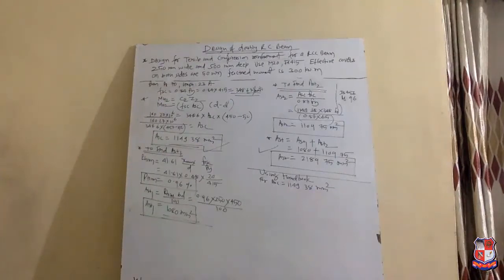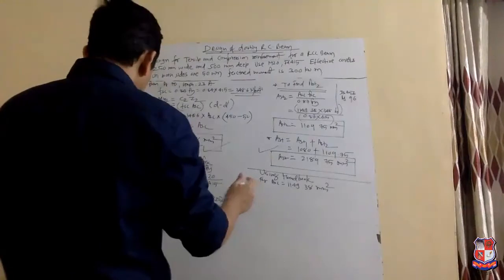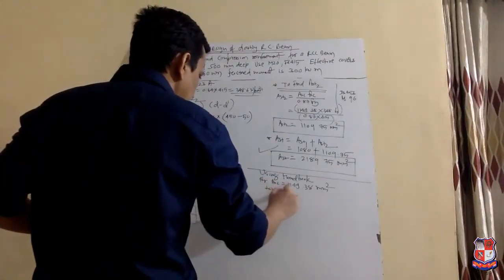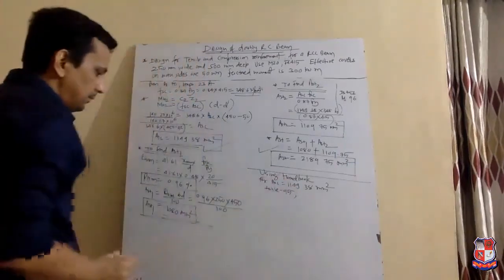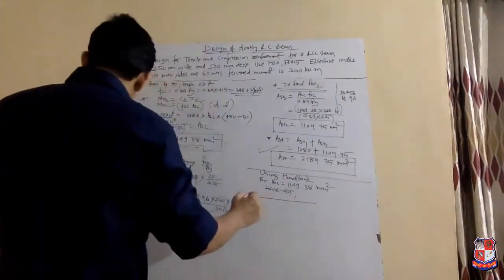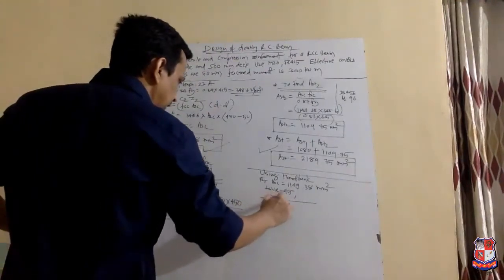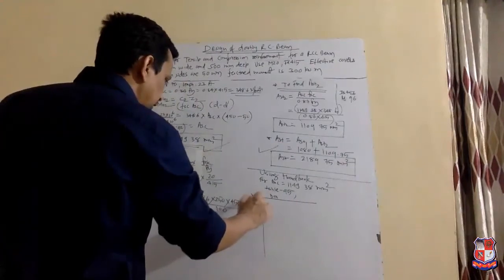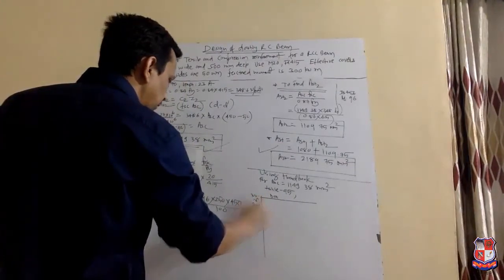For providing reinforcement in the handbook, table number 95, in that table, the horizontal line gives the diameter and the vertical line gives the number of bars.